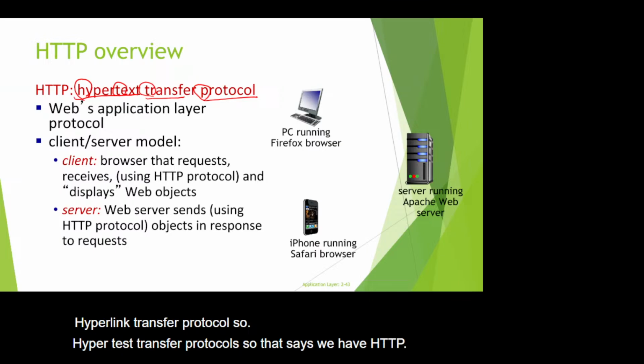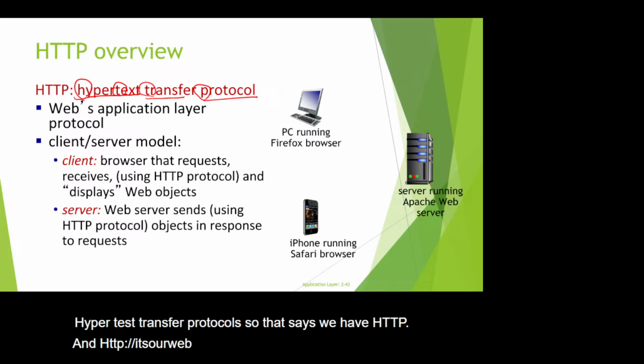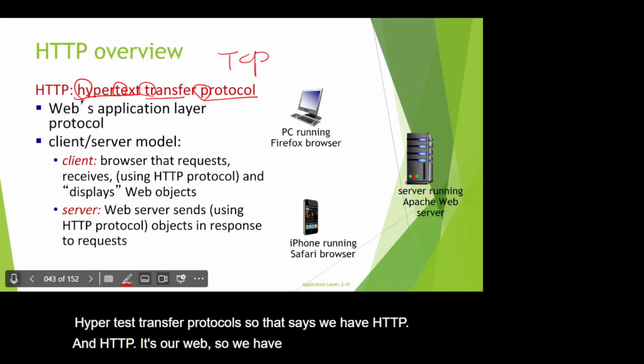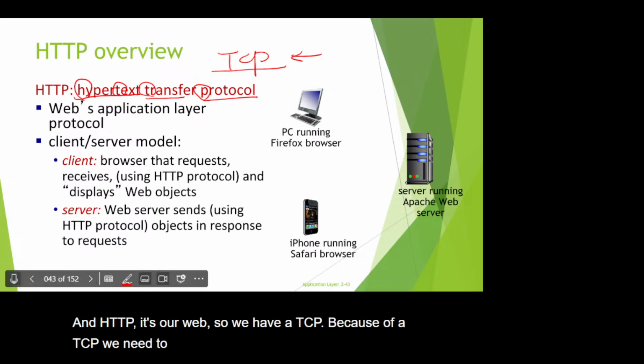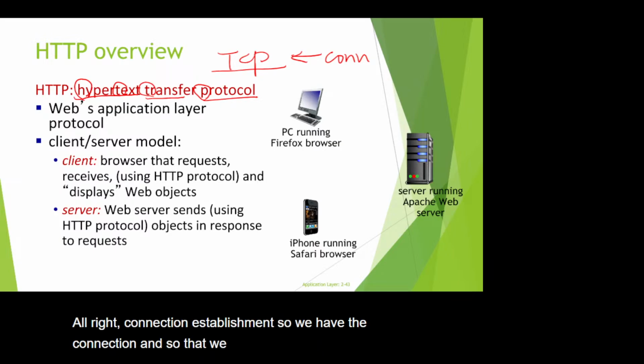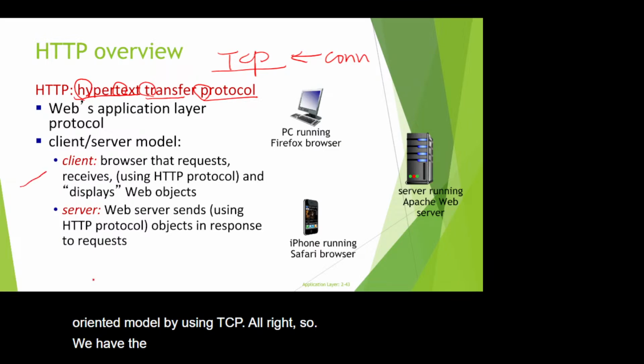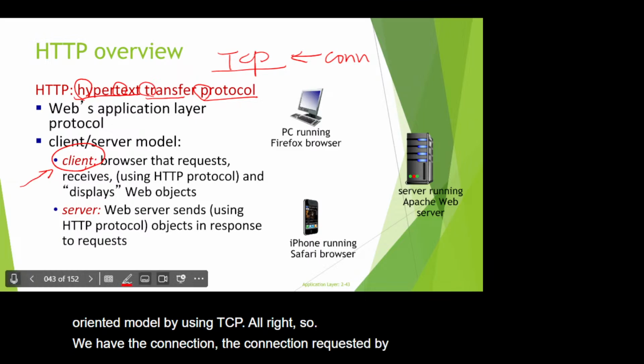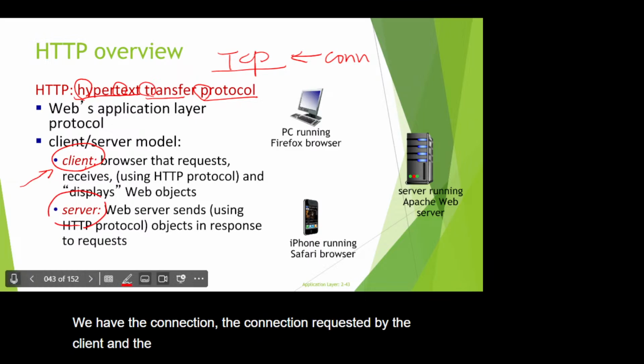And HTTP, it's a web protocol, so we have TCP. Because of TCP, we need to have the connection. All right, connection establishment. So we should have a connection-oriented model by using TCP. So we have the connection requested by the client, and the server will accept the request.